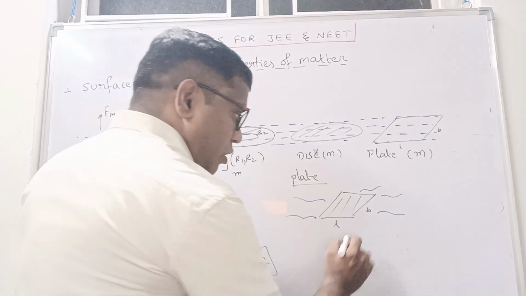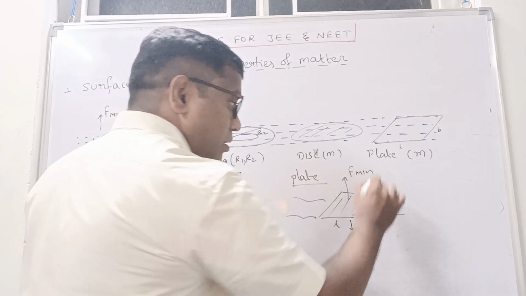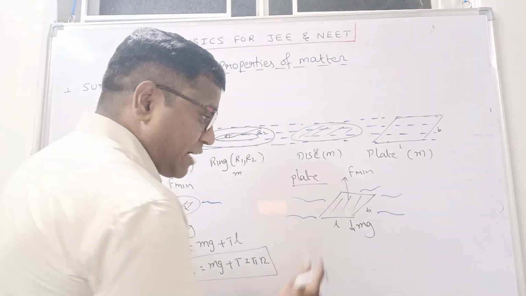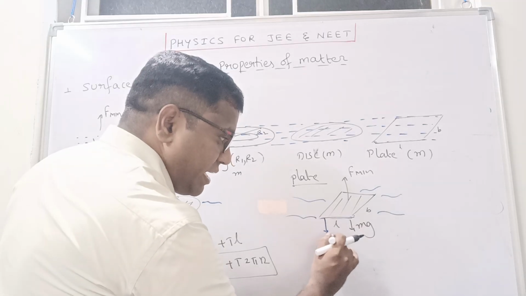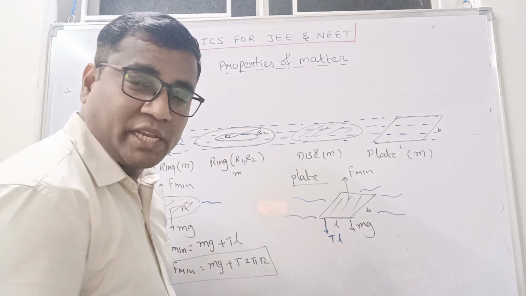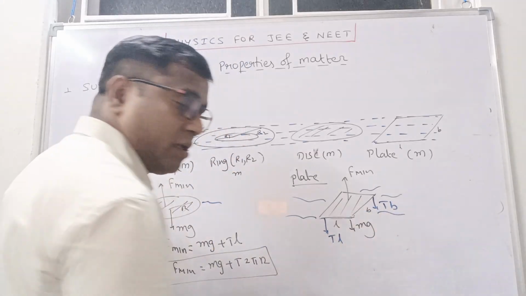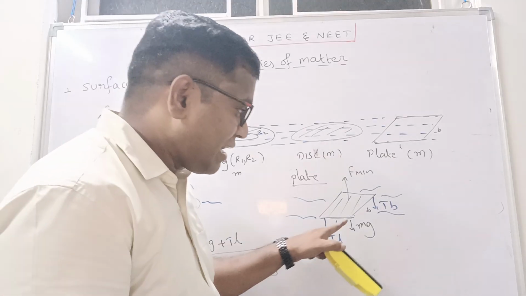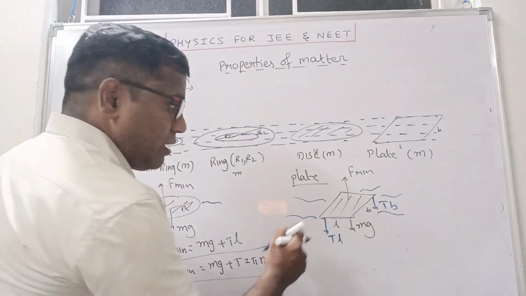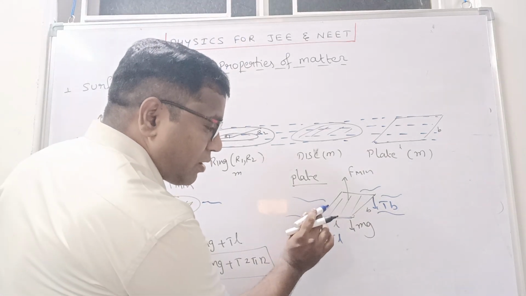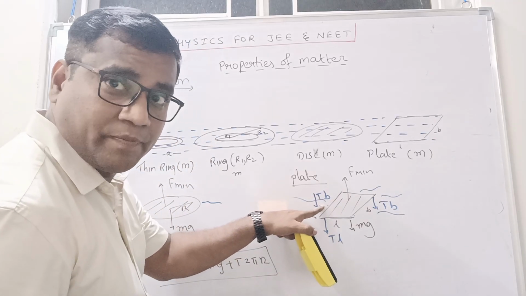So now downward mg will act. Upward F minimum. Try to understand. This surface is in contact, so downward TL, tension into length. This surface is in contact, downward T into B, because the length here is B. This surface is also in contact, so downward again T into B will come for this surface.